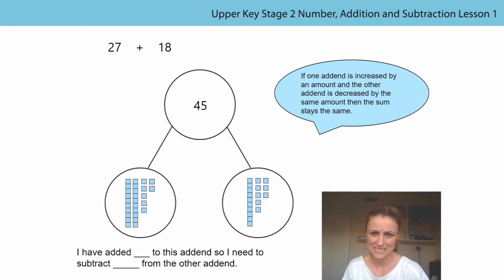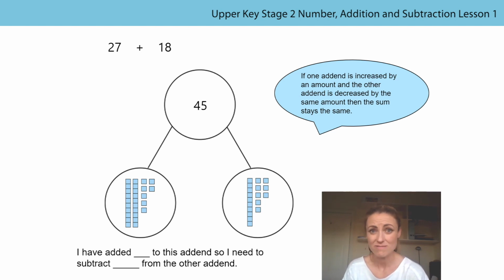So when I look at 27 and 18, I think that actually if I could redistribute while still conserving the sum, if I could make that 18 into 20, it's going to be much easier to add 20 on to a 2-digit number because I'm adding a multiple of 10. So what would I need to do to 18 to make it into 20? And I want you to think about that language of increasing the addend.